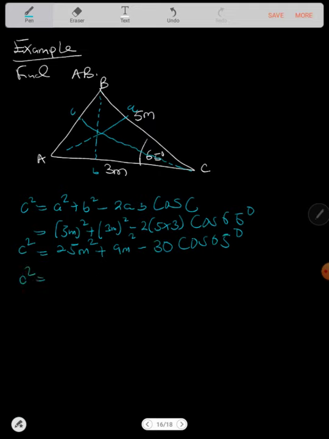So c squared here will be equal to 25 plus 9, you get 34 meters squared, minus. So now we need to work on this. We have cos 65 times 30.